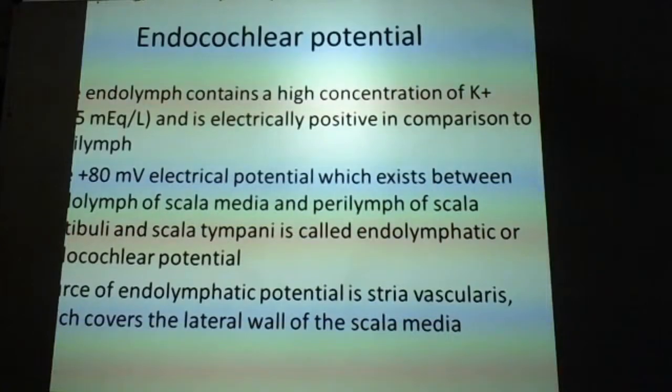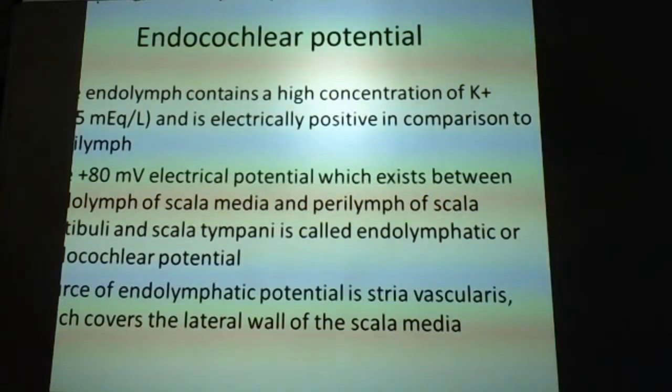At this juncture, you should know a few short notes, that is, the endocochlear potential. What is the endocochlear potential? We know there is a fluid called endolymph, which contains a high concentration of potassium and is electrically positive when compared to perilymph.